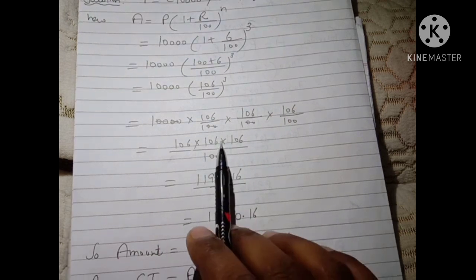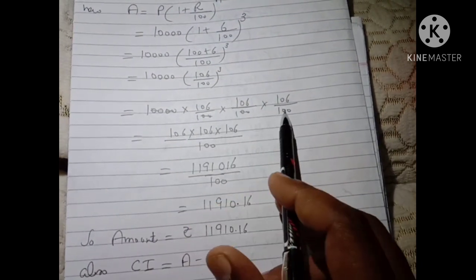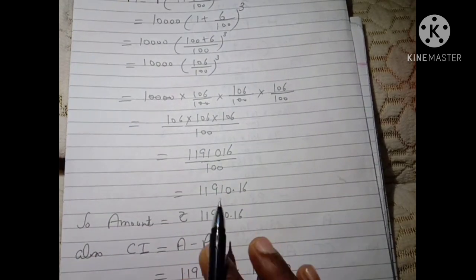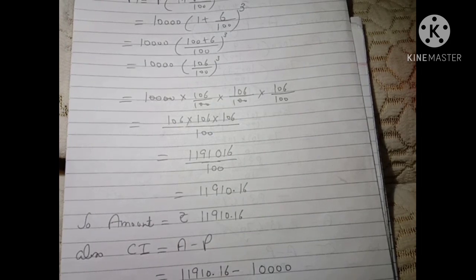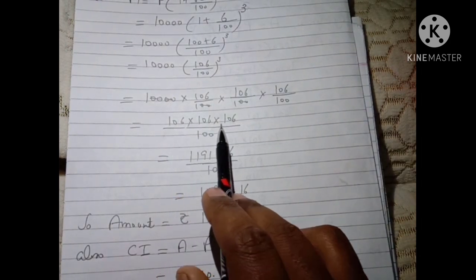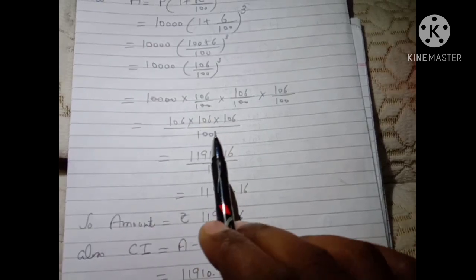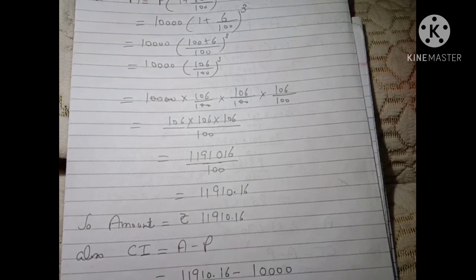That's why we only do the multiplication in this case, that is 106 into 106 into 106 over 100. In the next step, after multiplying these three values, it will become 1191016. You have to multiply the values carefully, and then you can simply put the decimal here, because two zeros are in the denominator, meaning 100 is in the denominator.